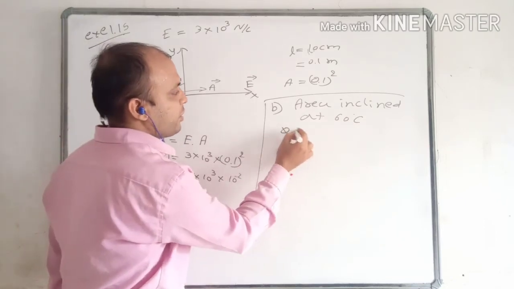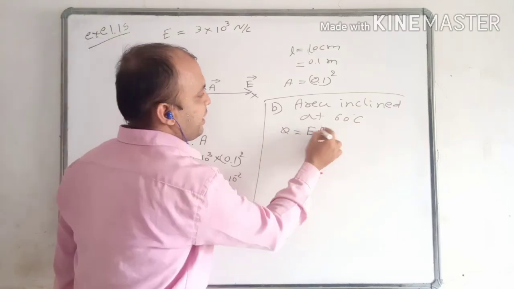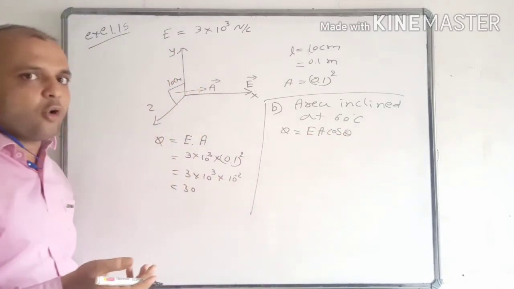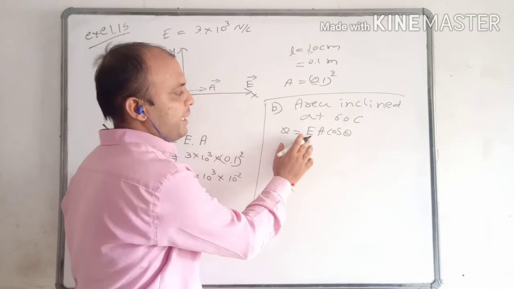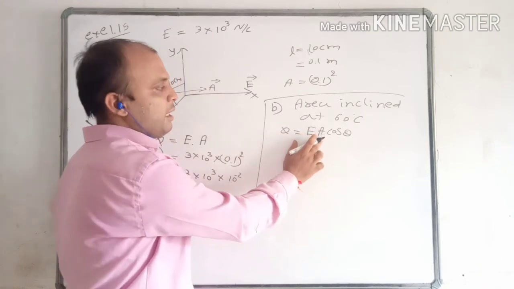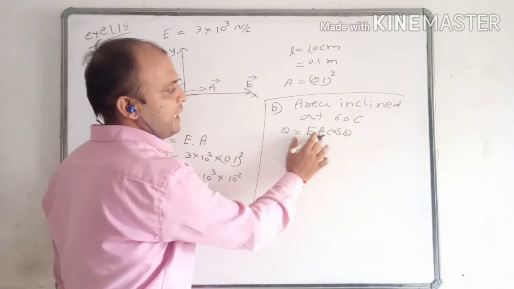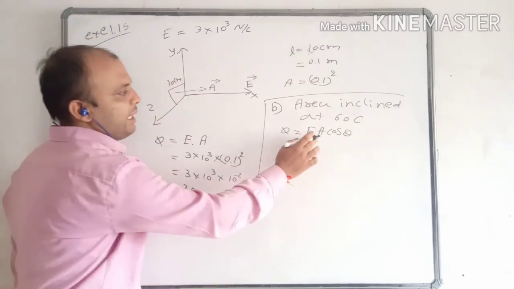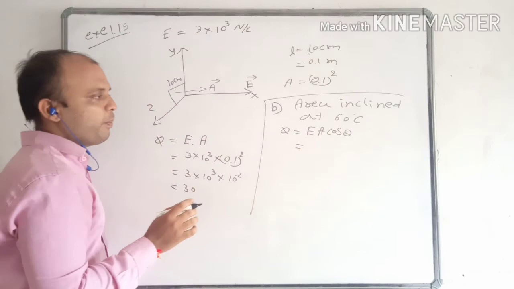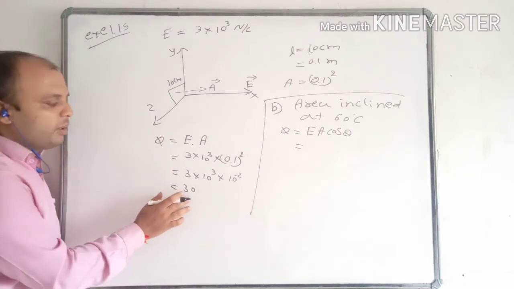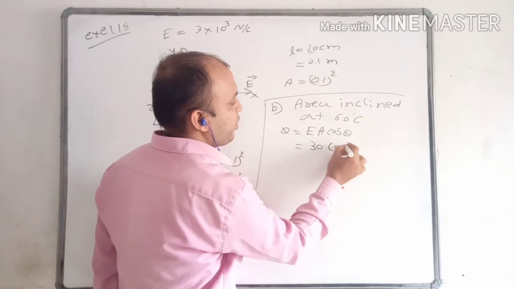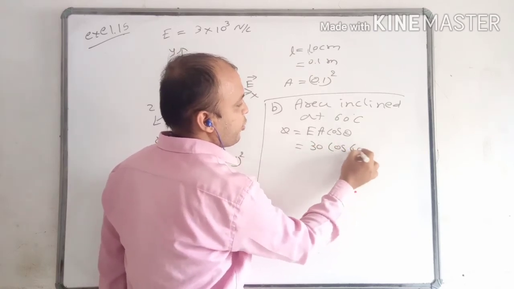So flux is EA cos theta. Actually, what is flux? It's the dot product of electric field and area. So E dot A will be EA cos theta. Now again, to find the flux, EA is actually 30, so we write 30, and the angle is 60, so cos 60.